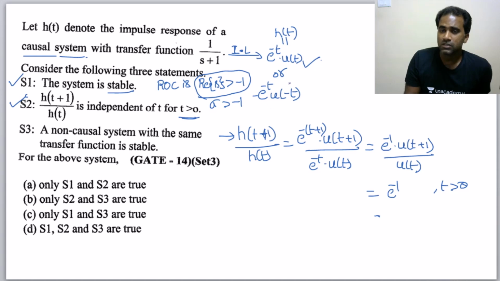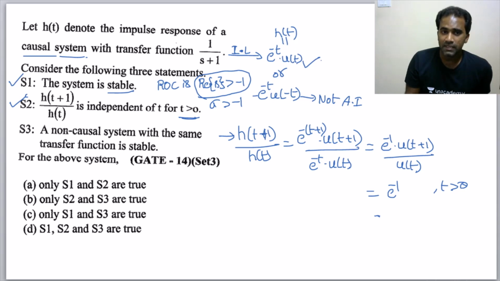They are saying that the non-causal system with the same transfer function corresponds to a stable system. Does this correspond to a stable system? This is the impulse response corresponding to a non-causal system. But if you look at this one, it is an exponentially increasing signal. So this is not absolutely integrable, and hence this corresponds to an unstable system.